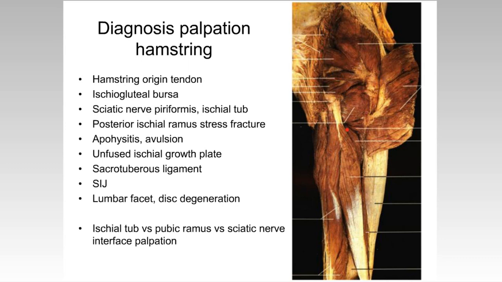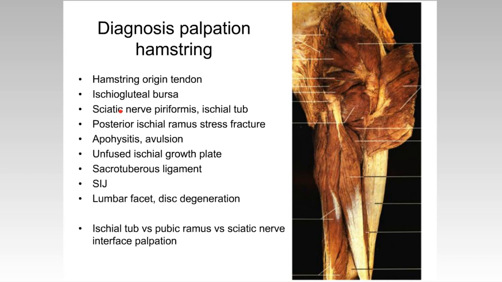One of the things we hone in on in terms of palpation is palpation of the sciatic nerve interfaces. It comes out underneath piriformis, comes down here, and it's just lateral to the hamstring origin. You can get people into side lying and palpate, and often a sciatic nerve involvement will present very, very similarly.